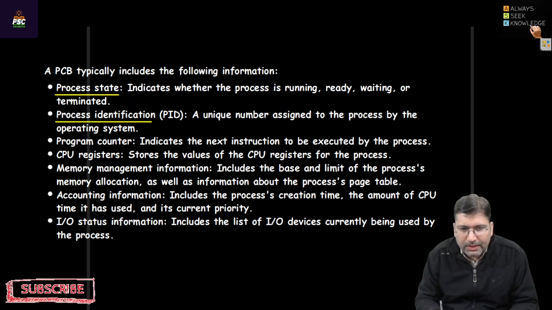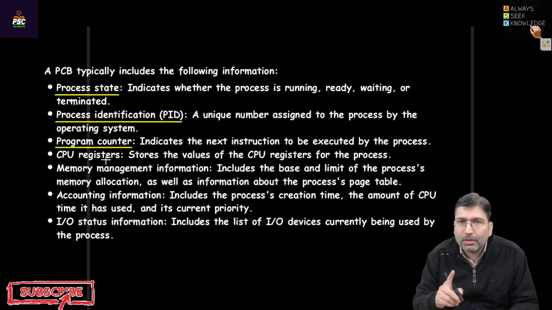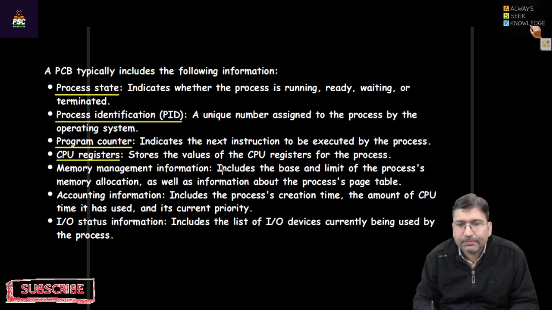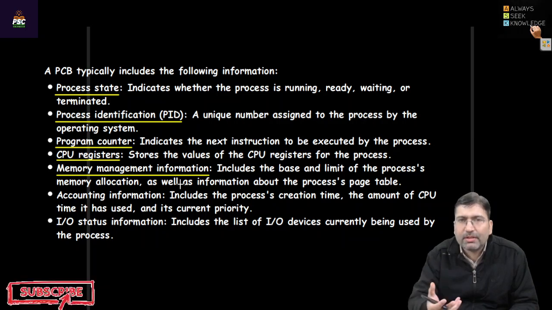Then the process identification number, that is the PID, is also available inside the process control block. Then the program counter, which, as I told you, stores the address of the instruction which needs to be executed next. And CPU registers like the IR, instruction register, or other registers. Then it also stores memory management related information, like which address space is allocated and the initial address allocated to the process.